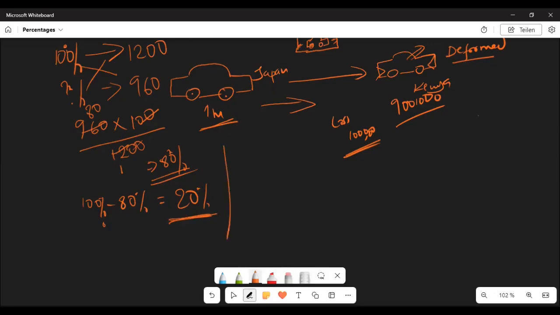Otherwise, you can also decide to put the main focus on the price, where you say we have 1,200 minus 960.